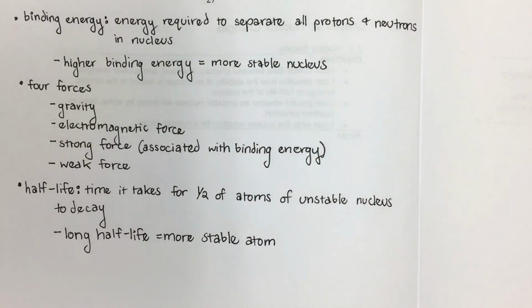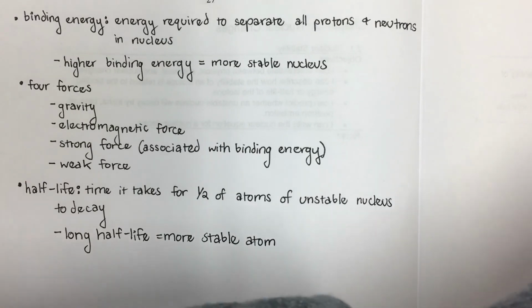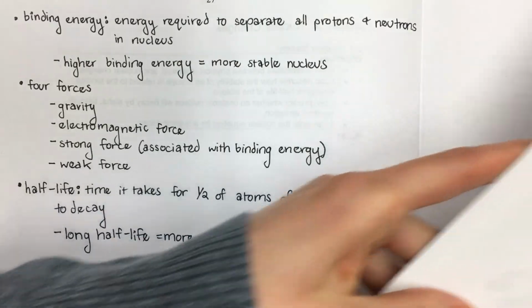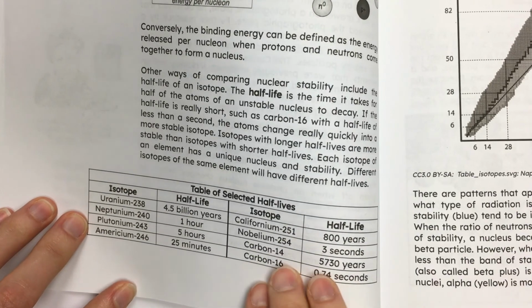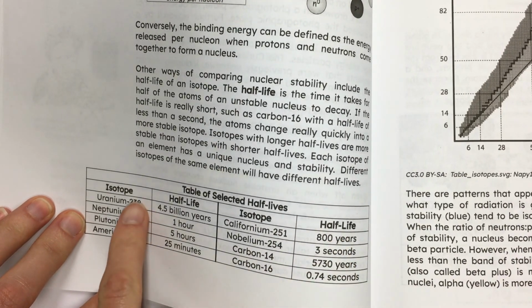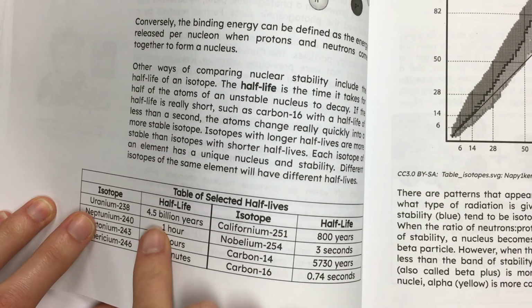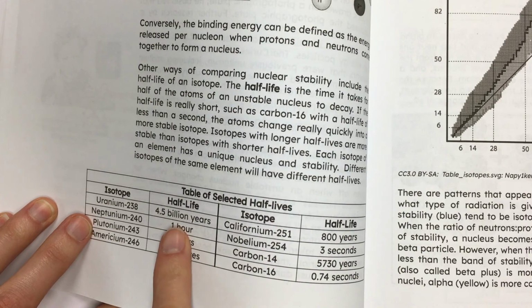Okay, I'm going to show you a chart in your book again. So here are some half-lives. The most stable isotope listed here is uranium-238 because it has a half-life of 4.5 billion years, and we know that a long half-life is stable.